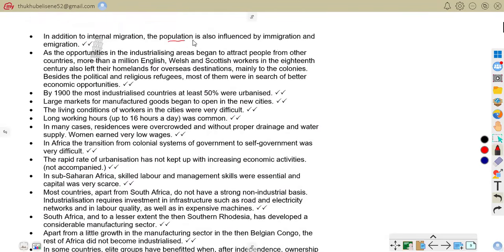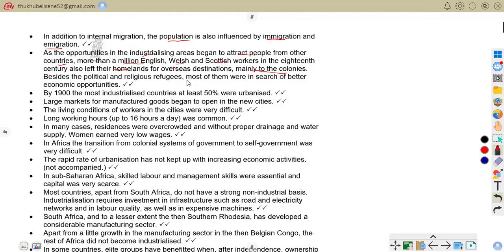In addition to internal migration, the population was also influenced by emigration and immigration. As opportunities in the industrialized areas began to attract people from other countries, more than 1 million English, Welsh and Scottish workers in the 19th century also left their homelands for overseas destinations, mainly the colonies.